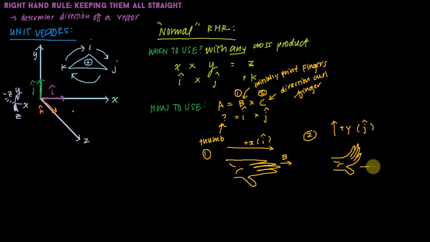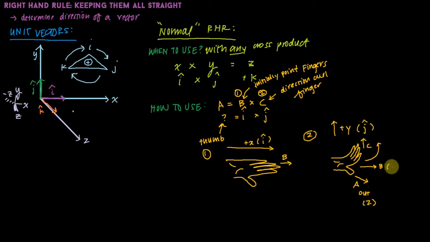We started out where B was pointing in this direction, and then we curled our fingers up like this to be pointing straight up in the direction of C. And you'll see that my thumb is pointing out. So this thumb represents A, like we said up here, that A points in the direction of the thumb, and this is pointing out. Outward is the z direction.